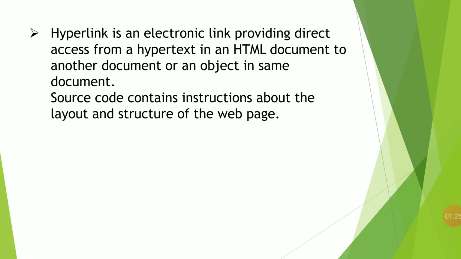The next element is hyperlink. A hyperlink is an electronic link providing direct access from a hypertext in an HTML document to another document or an object in the same document. In other words, a hyperlink offers a web user a reference to data that they can follow by clicking on it.